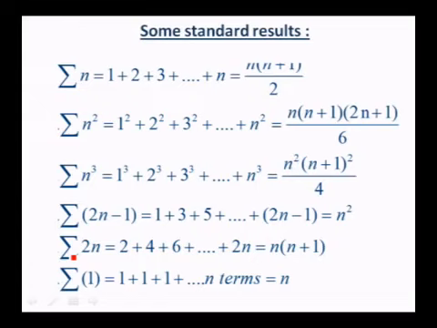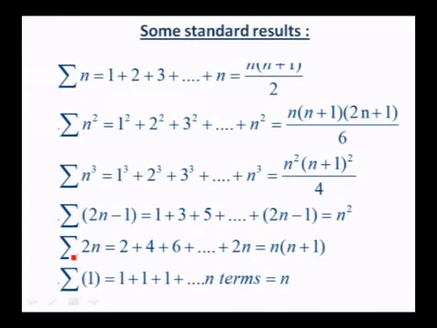We use some standard results which you know already from high school. Sigma n, 1 plus 2 plus 3 etc. plus n, is n into n plus 1 by 2. Sigma n square, 1 square plus 2 square plus 3 square etc. plus n square, is n into n plus 1 into 2n plus 1 by 6. Sigma n cube, 1 cube plus 2 cube etc. plus n cube, is n square into n plus 1 whole square by 4.